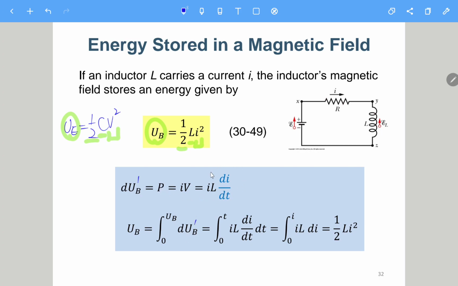We put this into here, so we have I L di/dt and then dt. The dt cancel each other, and finally we have I L di. L is a constant, so it is L integrating I' di', from 0 to I. This gives I squared over 2, so we have I squared over 2 times L, which is 1/2 Li squared.